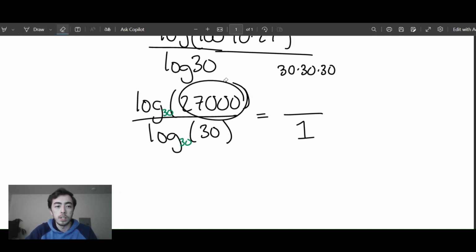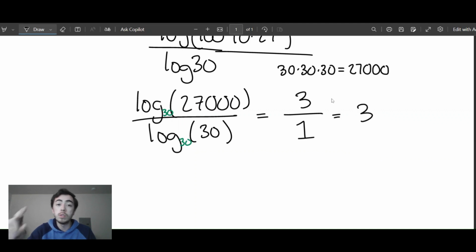And doing the multiplication here, we can get all of the 3's together. So 3 times 3 times 3 is 27. And then the zeros I'll tack on at the end because I'm multiplying by 10, 10, and 10. And this shows that log base 30 of 27,000 is 3.